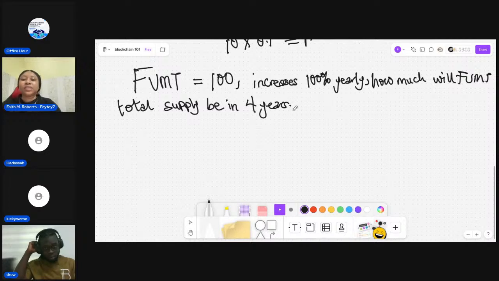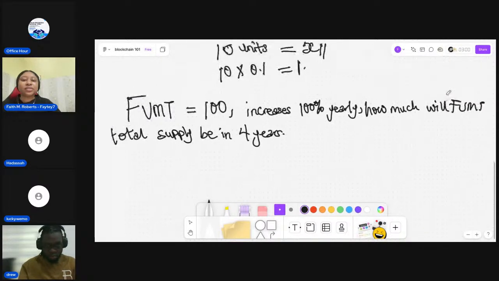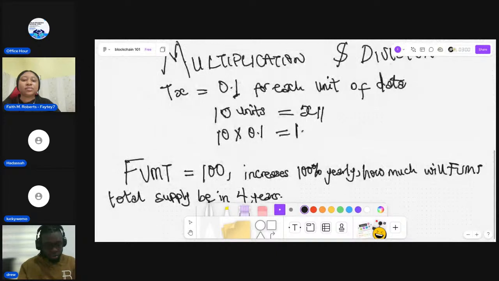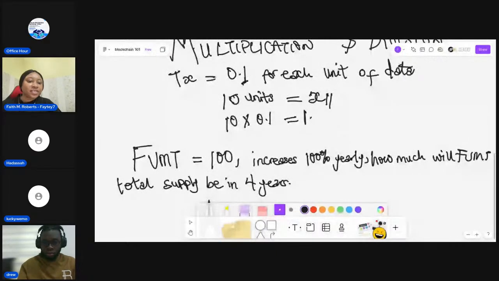Does anyone want to give it a go? Does anyone on the call want to give it a go? Yeah, guys, your attention here. Okay. Does anyone want to give it a go?